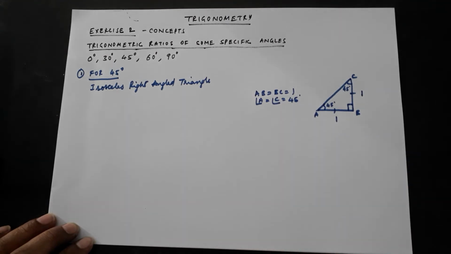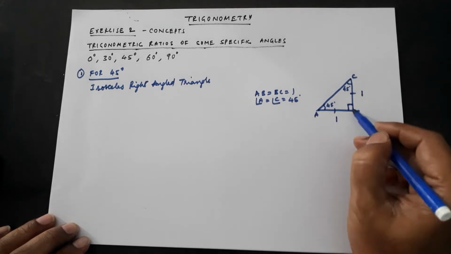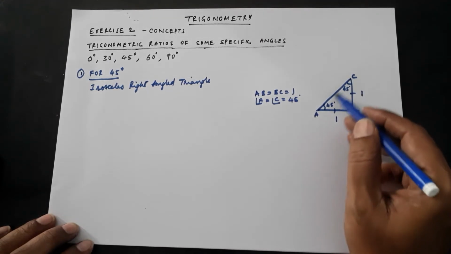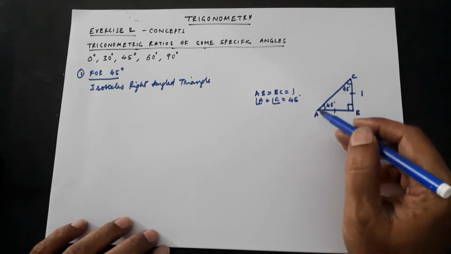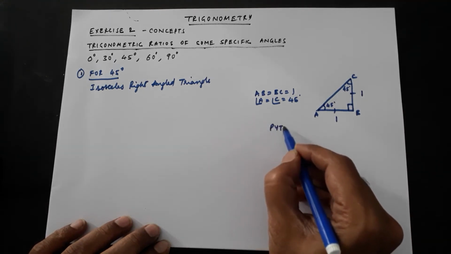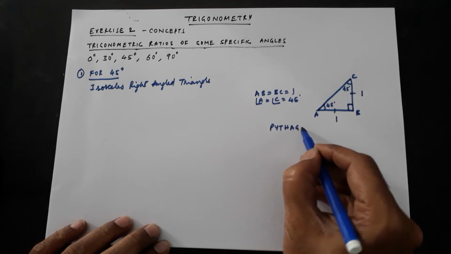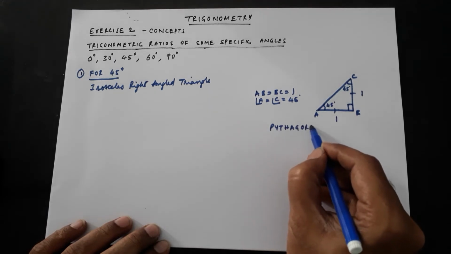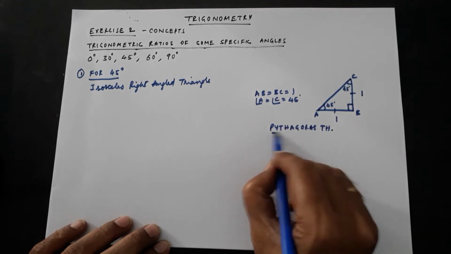By Pythagoras theorem, we have this side and this side. To find out this side, what do we need to apply? We apply Pythagoras theorem.